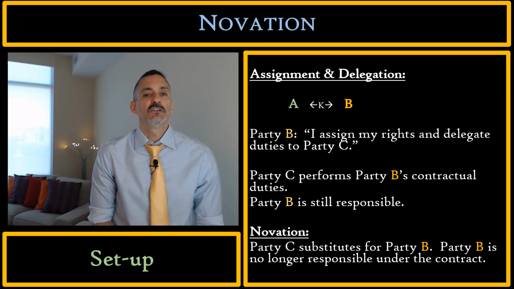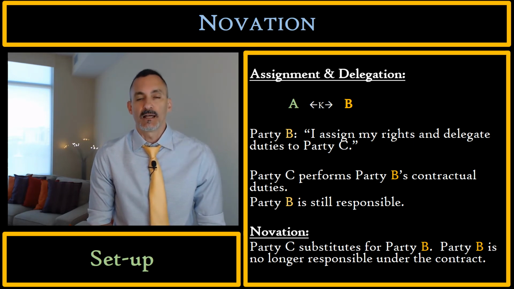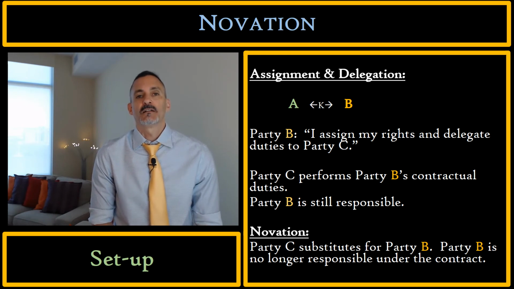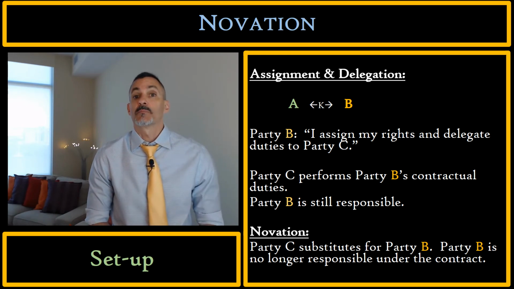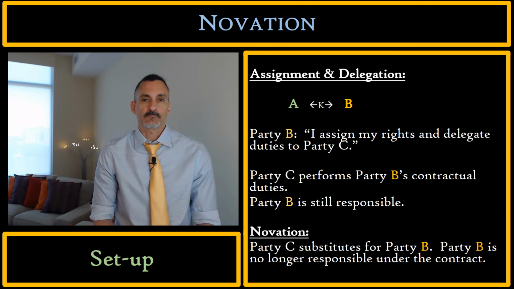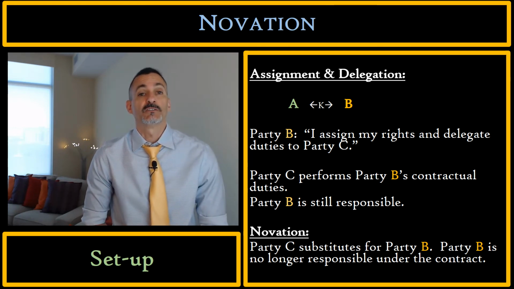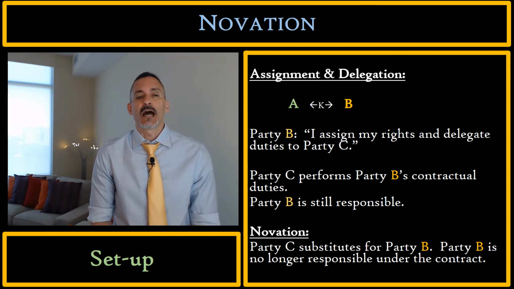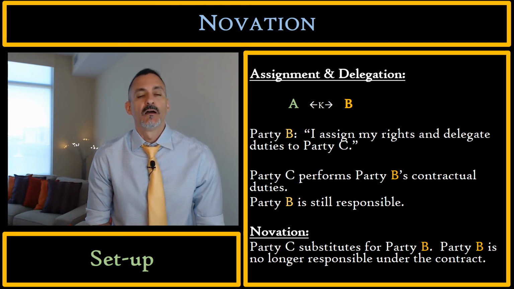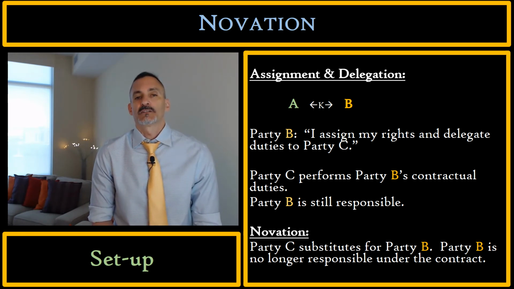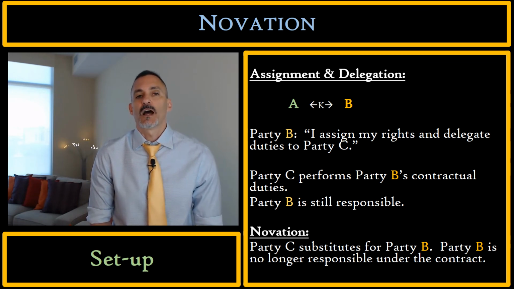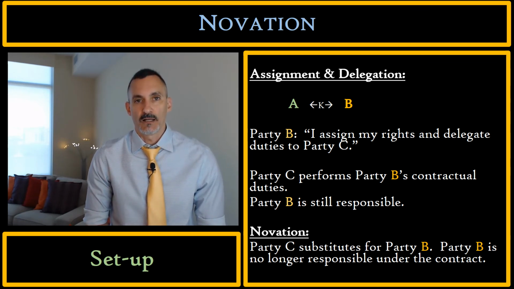In other words, a novation is different from a delegation. In a delegation, Party B is still liable under the contract. Party B is the original obligor. When she delegates her duties to Party C, she will still be liable for those obligations. But under a novation, Party B is completely relieved of her obligations under the contract.